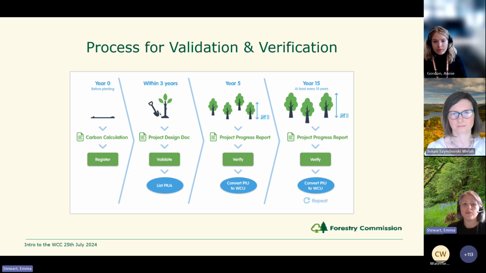At year 5, you will verify for the first time with one of those 2 validating bodies, and they will come in to check that your woodland is growing as expected and enable the conversion of PIUs to WCUs. There's also a fee for verification. And you have to repeat that verification process at least every 10 years thereafter and pay the associated fee at those points.